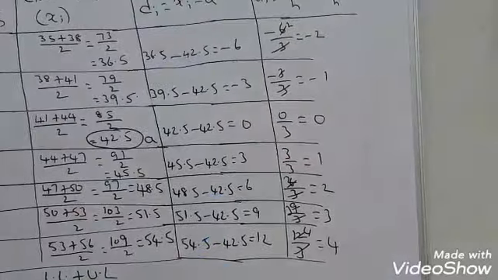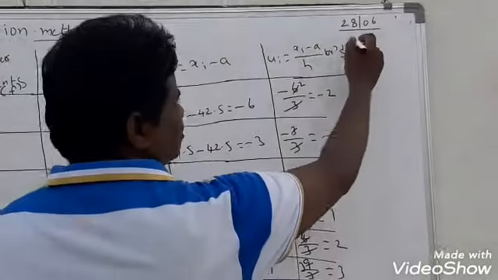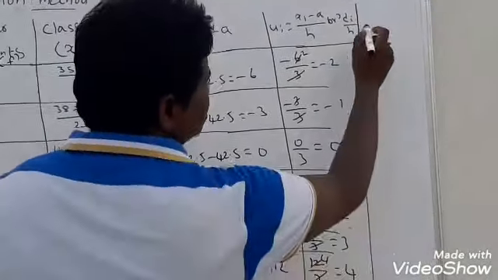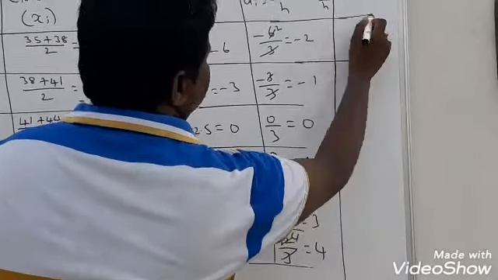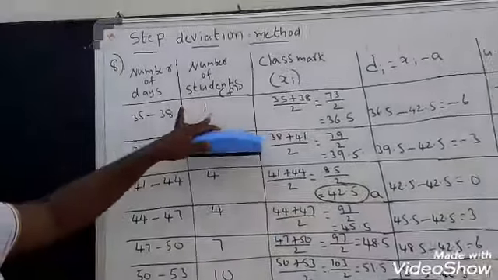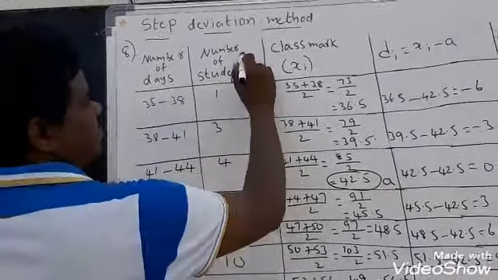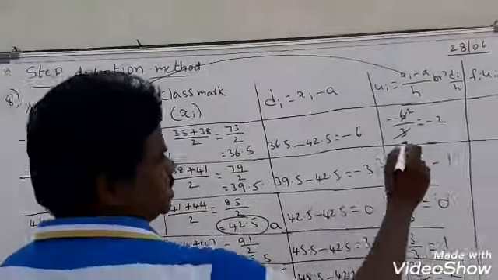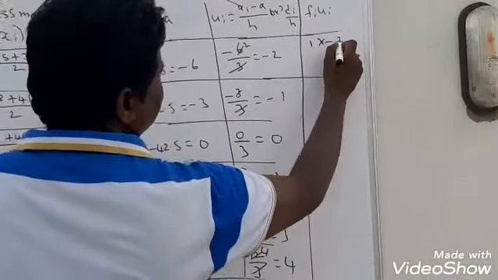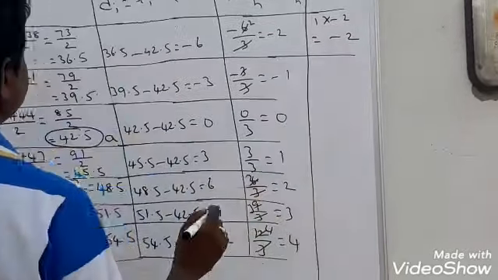After calculating ui, you have to calculate fi ui. This is fi, this is ui. Yesterday I made a mistake here. First you multiply 1 into minus 2, that is minus 2.